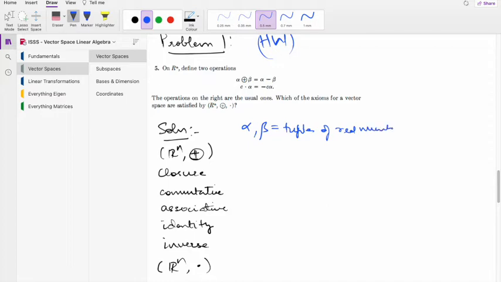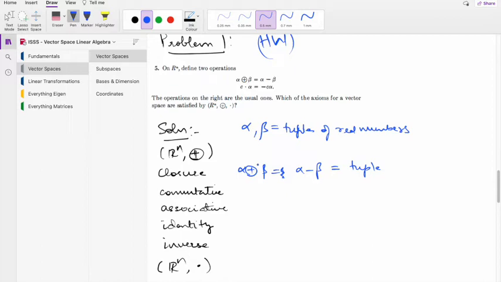The plus circle operation, which is your vector addition operation, is defined as alpha minus beta, and c dot alpha is minus c into alpha, with your usual operation on the tuples of real numbers, which are your vectors in R^n. Now the closure property: closure is basically that if I do this operation, alpha plus circle beta, which is nothing but alpha minus beta, it'll still be a tuple of real numbers.